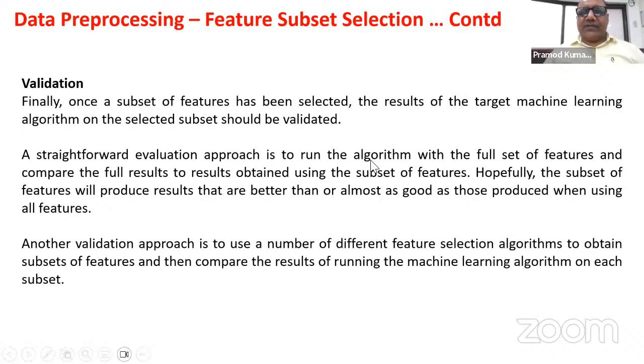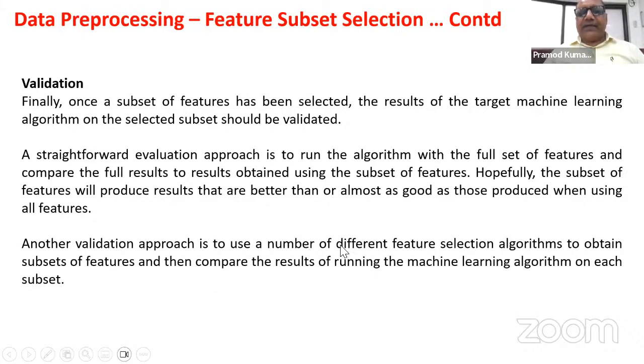That is why this comparison is meaningful, not meaningless. But a better approach is also there, written in the next paragraph. Another validation approach is to use a number of different feature selection algorithms to obtain subsets of the features and then compare the results of running the machine learning algorithm on each subset.